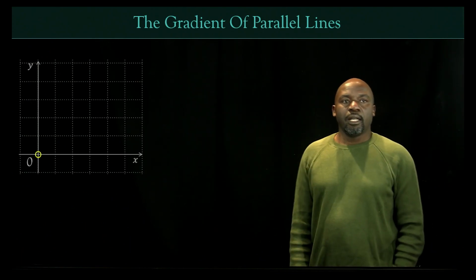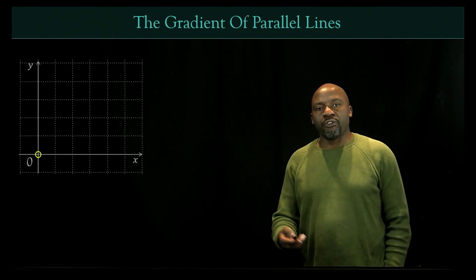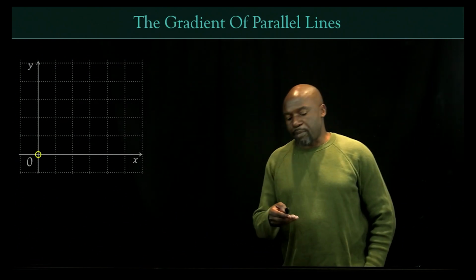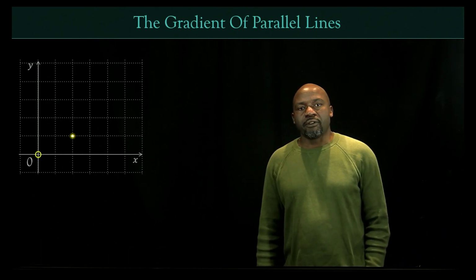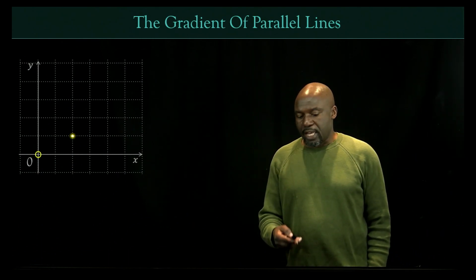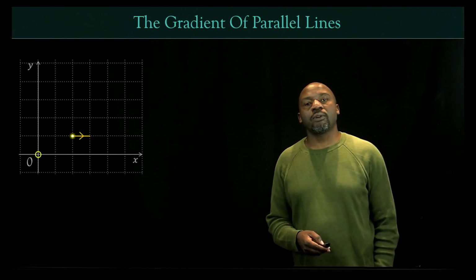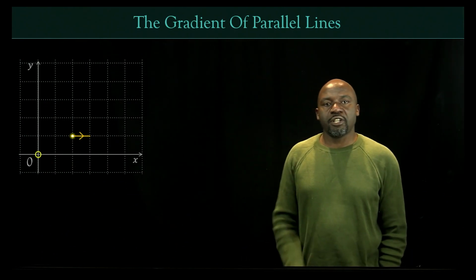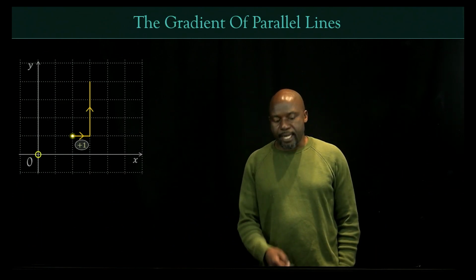Let's move on again. Now we look at the gradient of parallel lines. Already you should have a clue because we mentioned it earlier. If two lines are parallel, what is it that we know about their gradients? If the gradient represents steepness, then if two lines are parallel, there is something about their steepness. So let's look at this line. A movement of one step in the x direction results in a movement of 3 steps in the y direction.